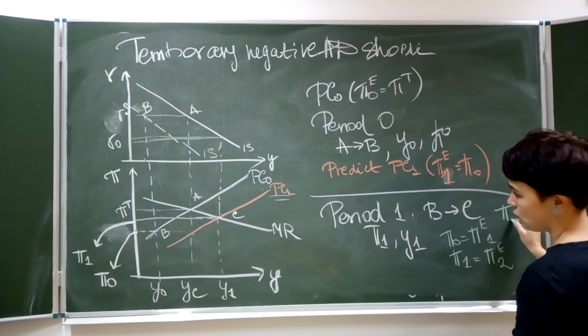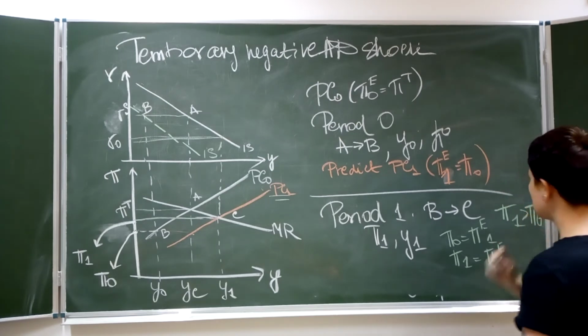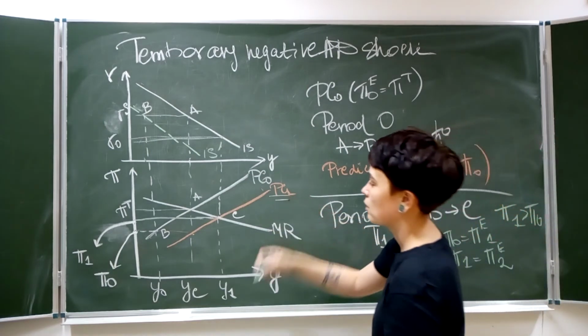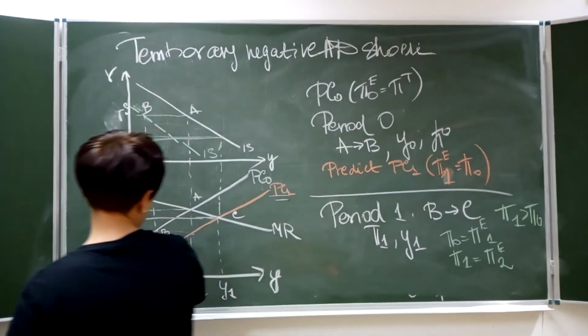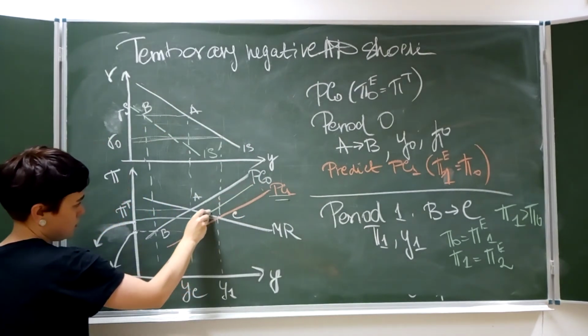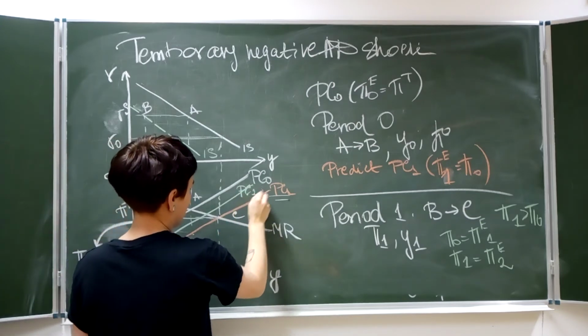So pi1 is greater than pi0. So for the next period, this Phillips curve is going to be located above the original Phillips curve in period 1, just because expected level of inflation affects the value of intercept. So here we have it, PC2.